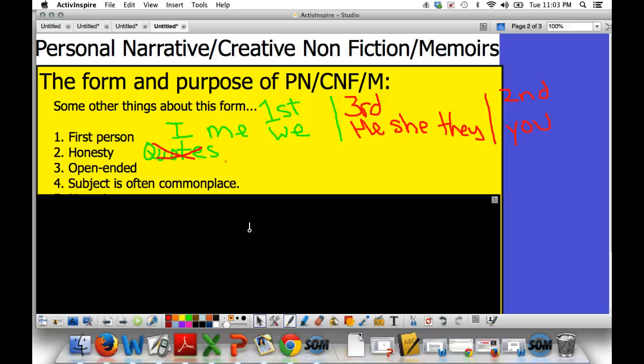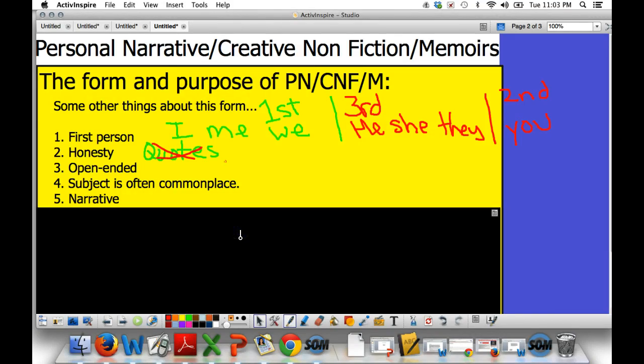So you could write about a time that maybe your brother burnt one of your Barbie dolls, something small and minuscule that might not have a whole lot behind it at the moment. But once you get to reading it, you're like, oh, I get it. So I don't want to read about a big grand thing. I want common things and then your interpretation of those common things.